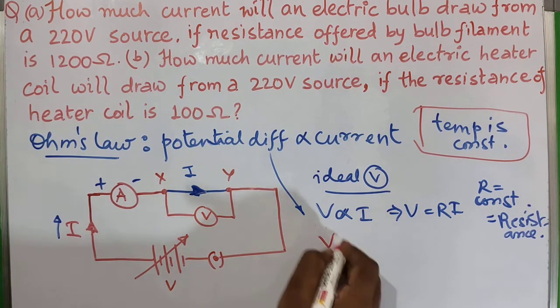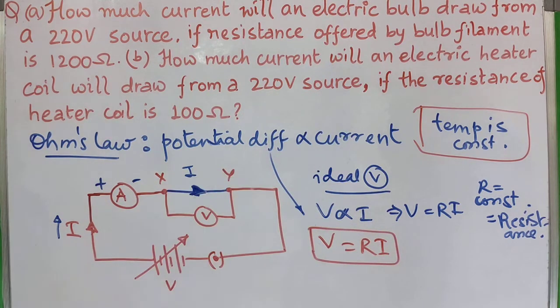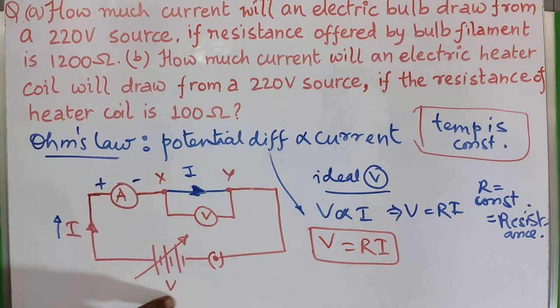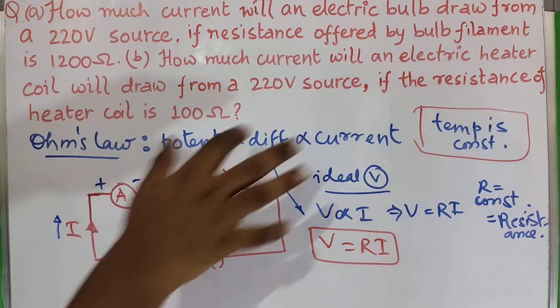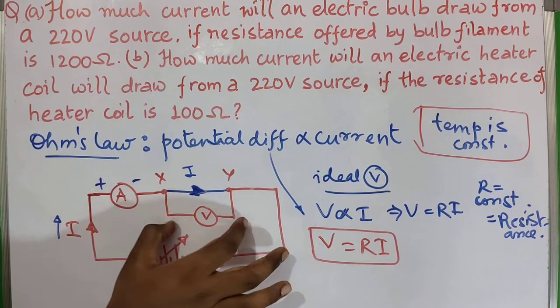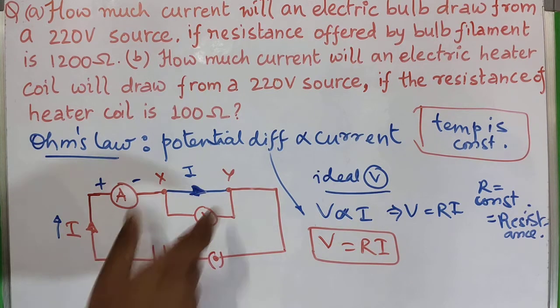So V is equal to RI is what we are going to get. Now remember in this question, the voltage source is kept constant at 220 volts, right? Who maintains the voltage across the conductor?